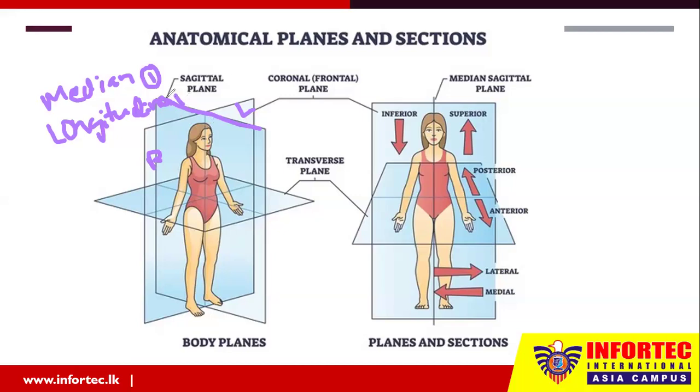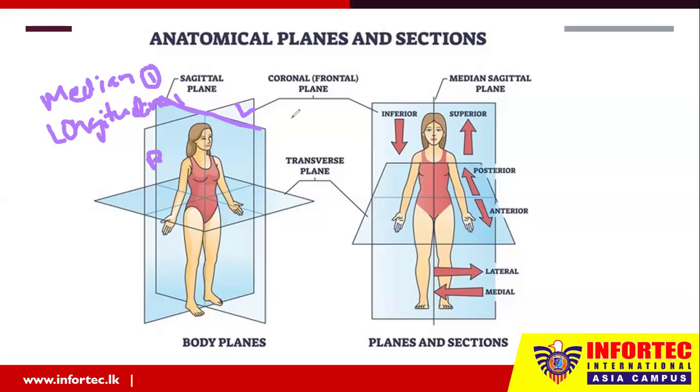If we divide our body through the mid sagittal plane, we can divide our body exactly into equal left and right halves. Is it clear? So if we draw a line through this sagittal plane, we can divide the body exactly into two equal left and right halves. As I said before, we can study structures like the brain, spine, and lungs as seen from the side.